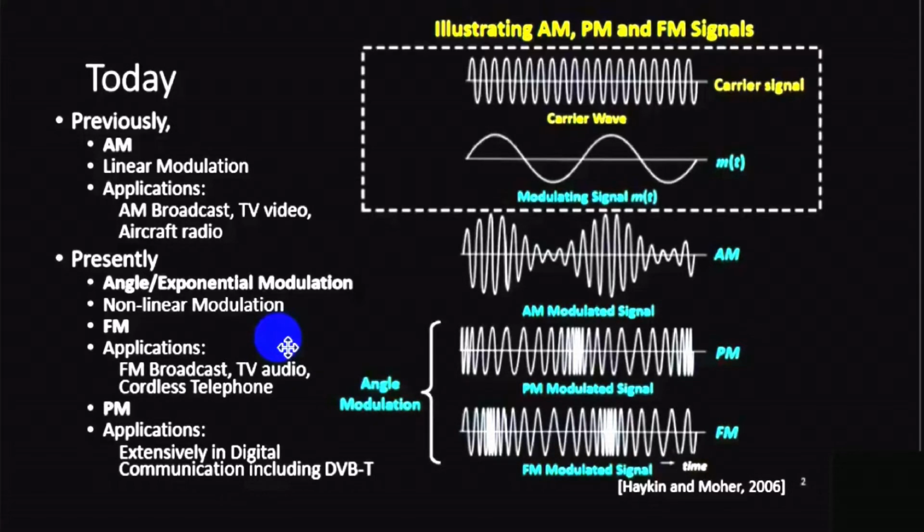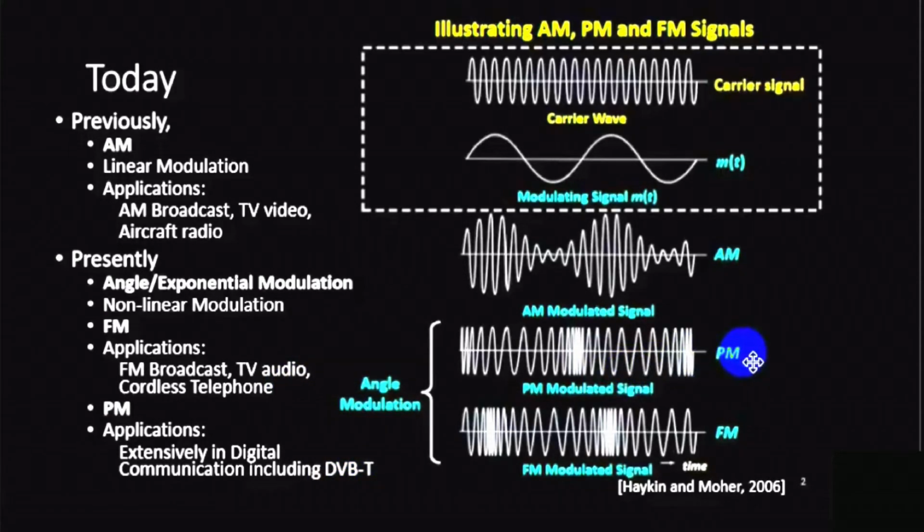Specifically, audio signals of TV are based on the FM, owing to a good noise tolerance of FM as compared to AM. Now regarding phase modulation, it is primarily used in digital communication, including digital video broadcasting terrestrial.